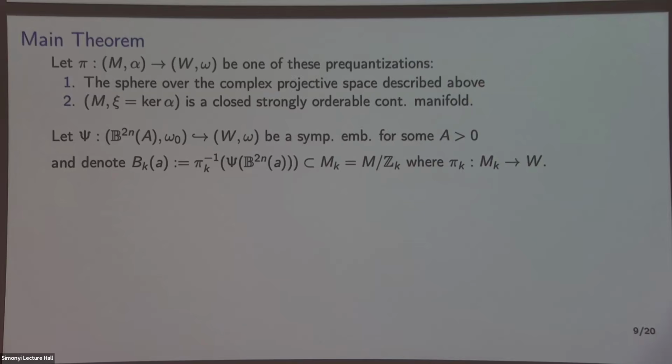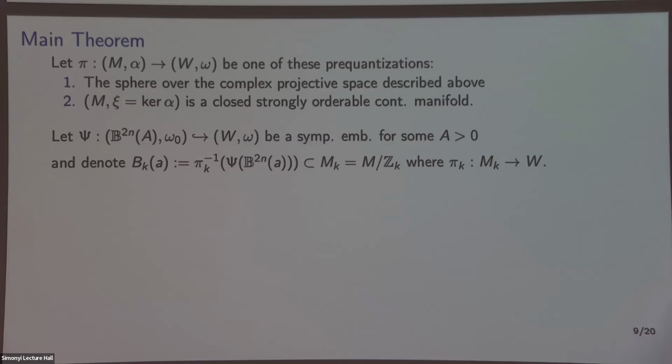So I have a symplectic embedding here into W. And then, over W, I have my prequantization bundle. So let's say pi, here psi, and here I have a covering map. So M over K.